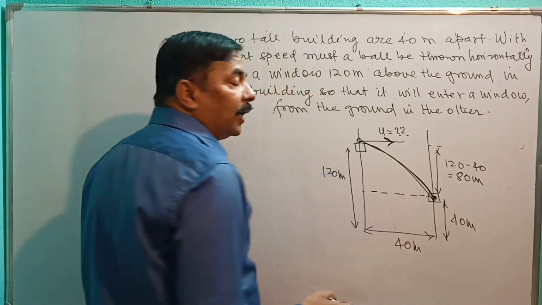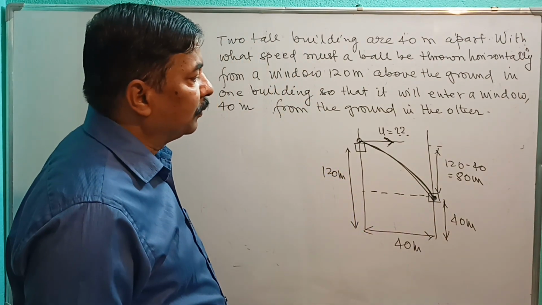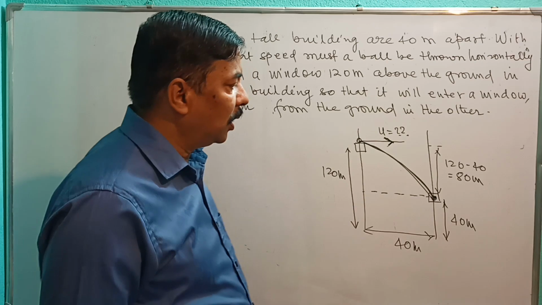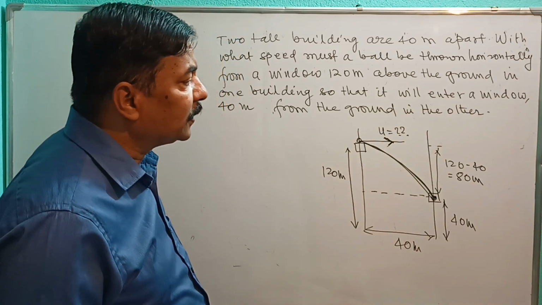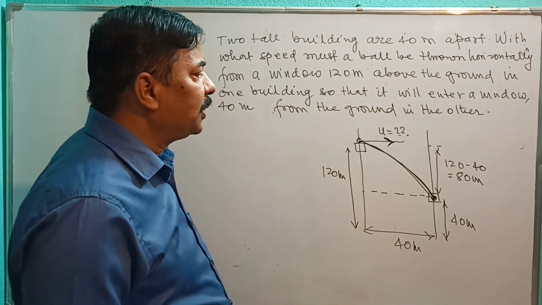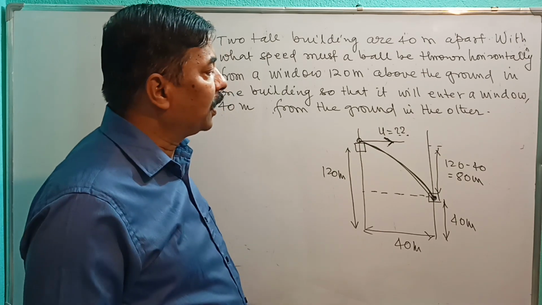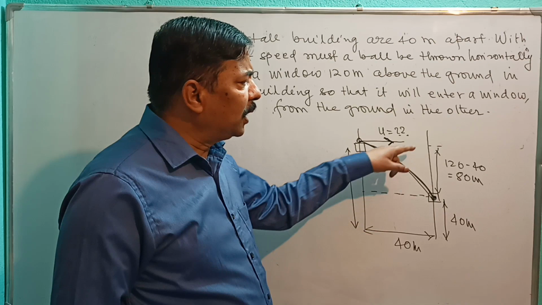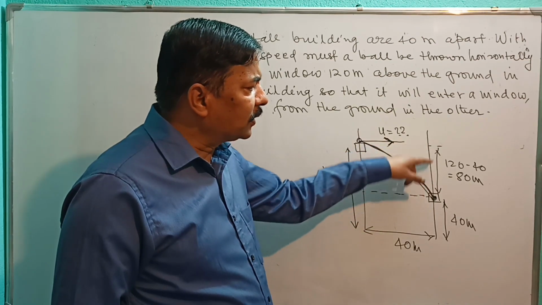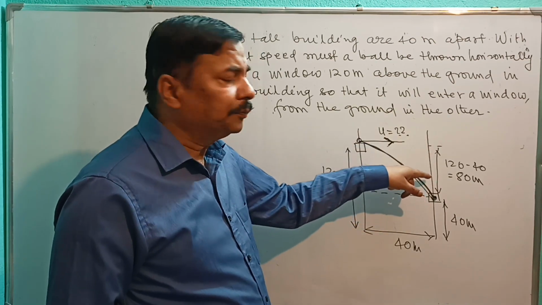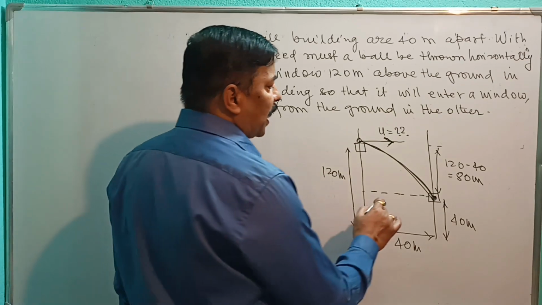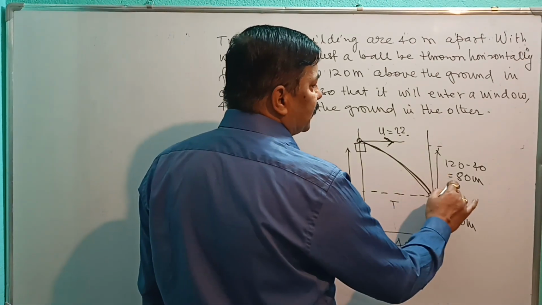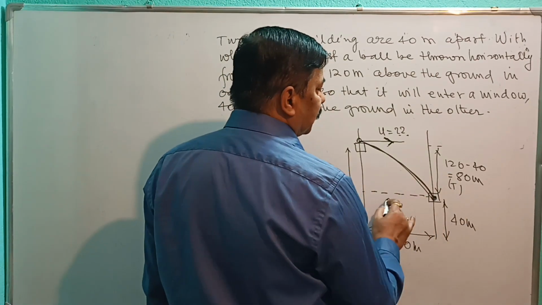What is the time taken by the ball? In covering this horizontal distance, the time taken by the ball, if we consider t, then in the same time it will fall a vertical distance 80 meter. So this time will be t and this time will be t.